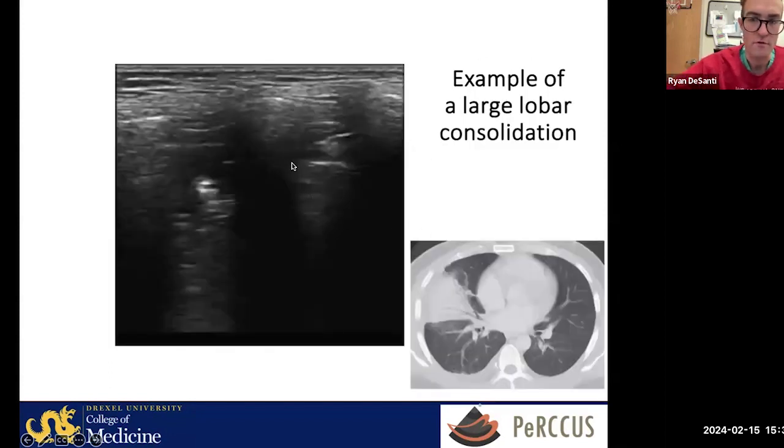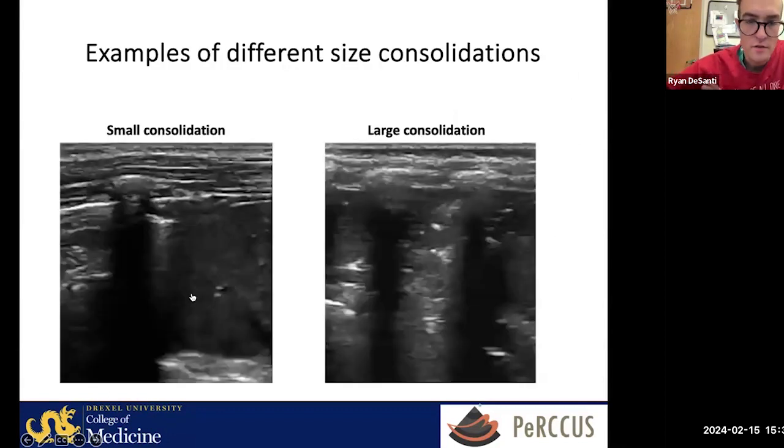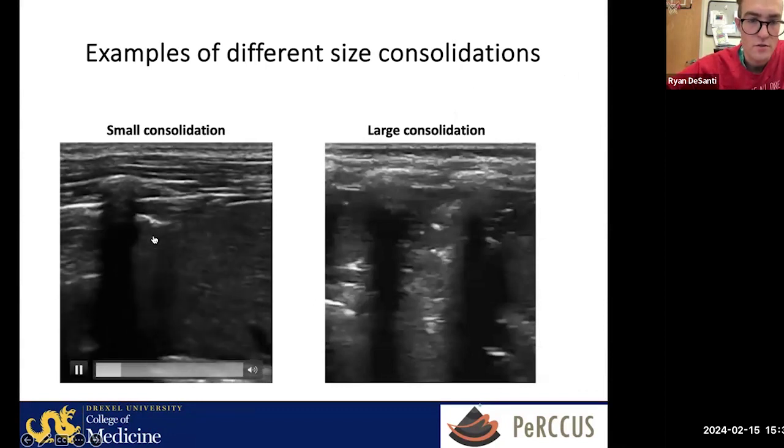This is an example of a large consolidation, also called in the literature lobar consolidation, as in this example. And so we can see in this region of the lung ultrasound multiple air bronchograms all the way through the lung field. And so these are dynamic videos showing small consolidations and large consolidations.